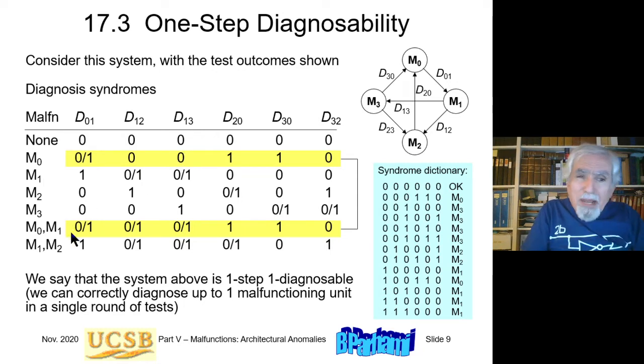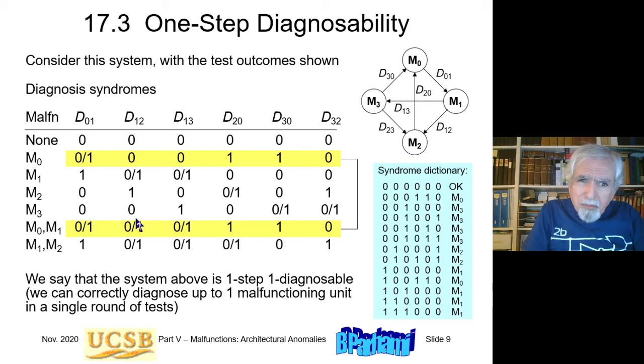However, if you have two malfunctions, let's say M0 and M1, this will be the signature. And this signature is not necessarily distinct from only M0 malfunctioning, because they can match in this first entry. This can be 0 or 1, this can be 0 or 1. So the two highlighted rows can be identical.